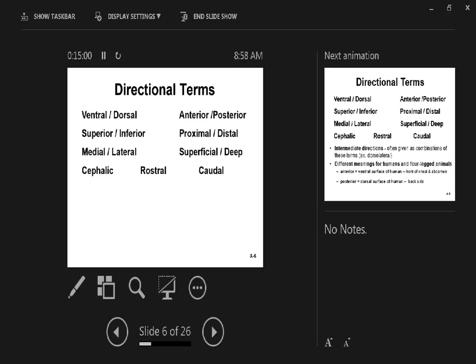So if I put on your exam, the wrist or the carpus is what, blank to the elbow? One of your choices may be inferior. The other is going to be distal.